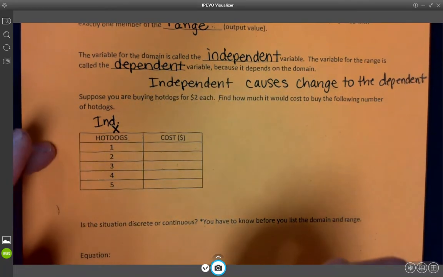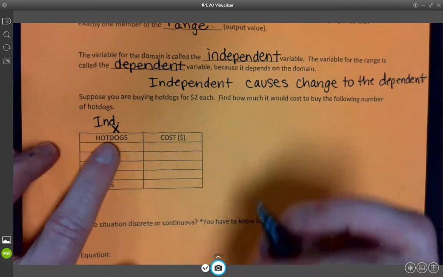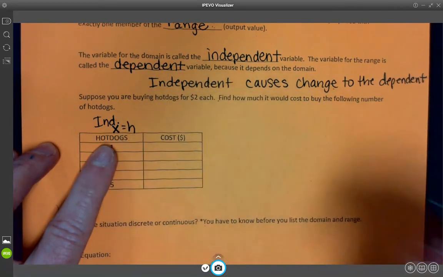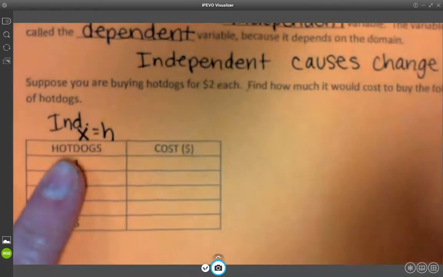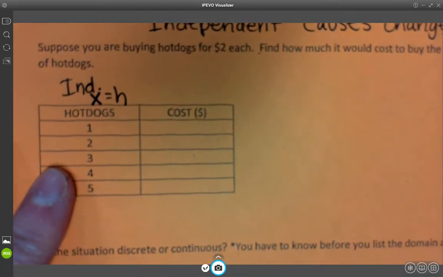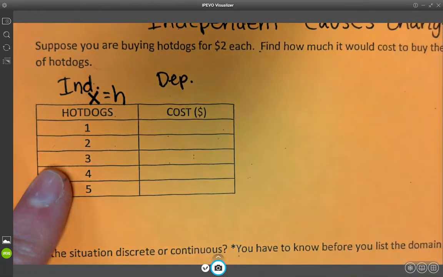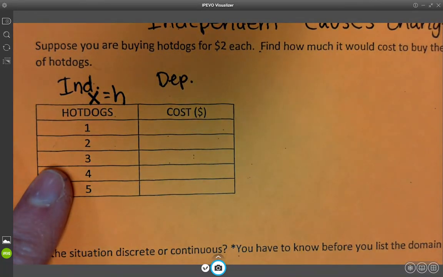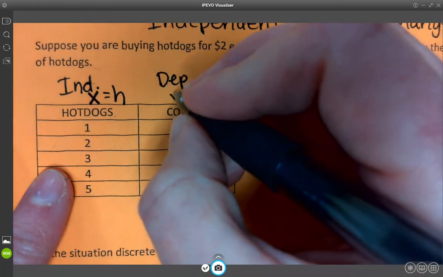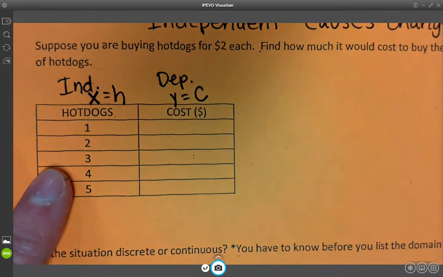It's not going to necessarily be x. So I'm going to say it's h for hot dogs. And then our cost depends on how many hot dogs you buy. So we're going to say our y is c for cost.